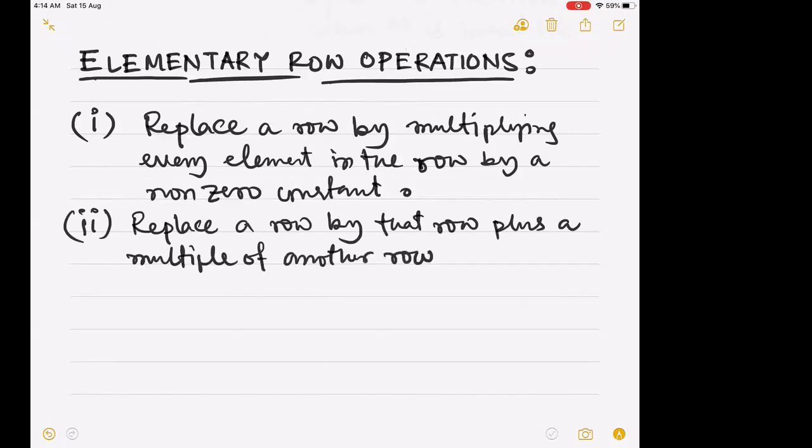You see, row operation one is actually replacing a row by a multiple of that, because when I'm multiplying every element in that row by the same non-zero constant, I'm actually looking at a non-zero multiple of that row. Second row operation is substituting a row by that row plus a multiple of another row.